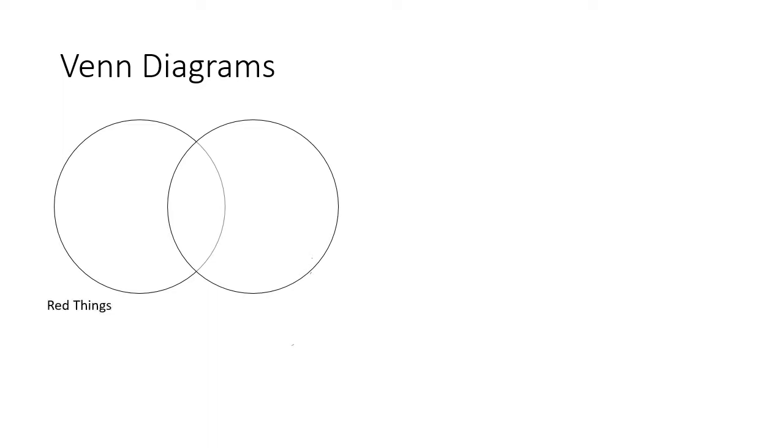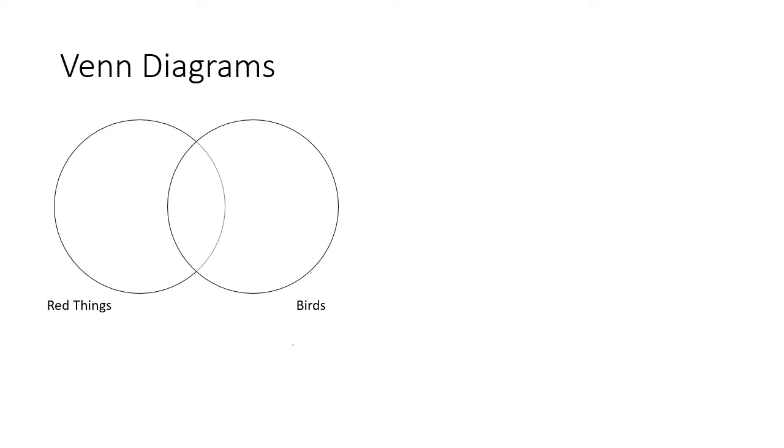So what I have here is the circle on the left is going to represent all red things. The circle on the right is going to represent birds. And we're just going to talk a little bit about the different areas here. So, again, being in the left circle means that you're a red thing.